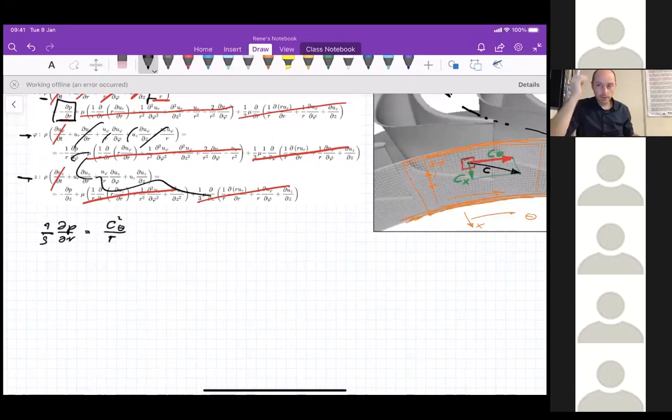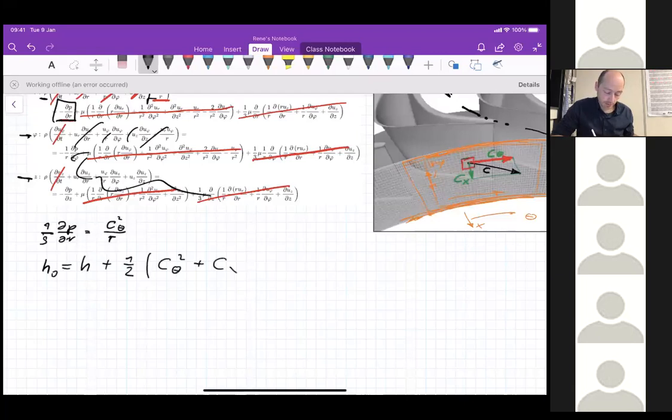And then we also had other equations. I hope I remember all of this stuff here. So we have also the enthalpy, the total enthalpy. We have been able to define it as static enthalpy plus C squared. And now I can already make the kinetic energy and split it up. I call it C theta squared, and I use Cx squared, right?